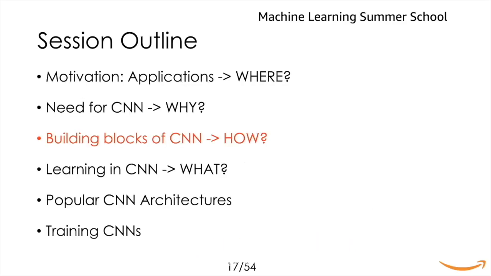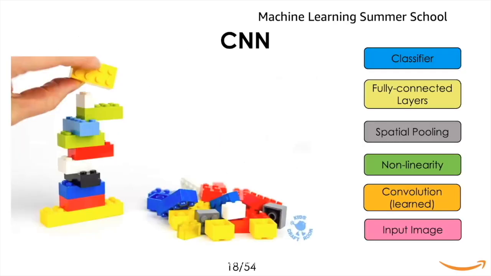Now let's look at the building blocks of CNNs. CNNs are very similar to ordinary neural networks in the sense that they are made of neurons with learnable weights and biases. Each neuron receives some inputs, performs a dot product, and optionally this is followed by a nonlinearity. The output layer still has probability scores for each class in the case of a classifier.